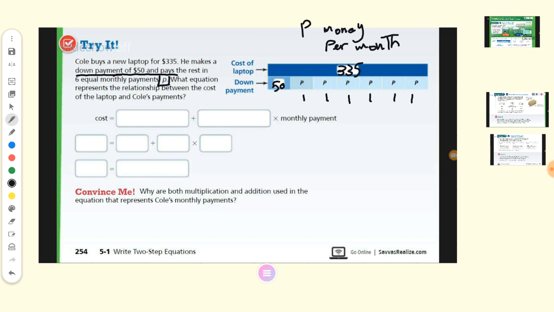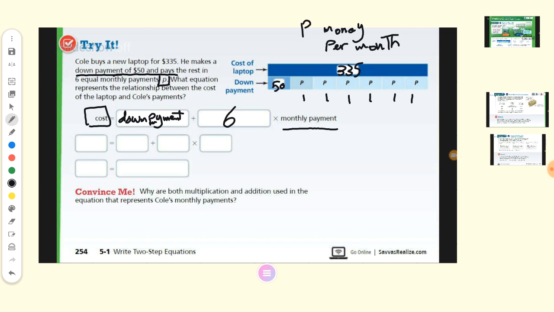How to write it as an equation? The cost is the whole, 335. Equal what? Down payment, plus the payment per month. How many months here? I have 6.